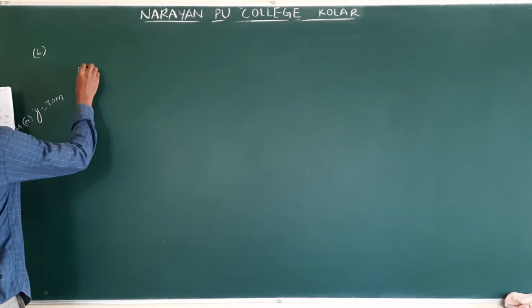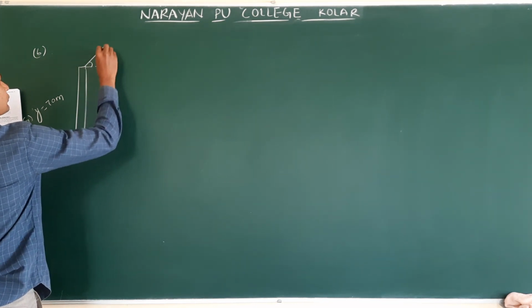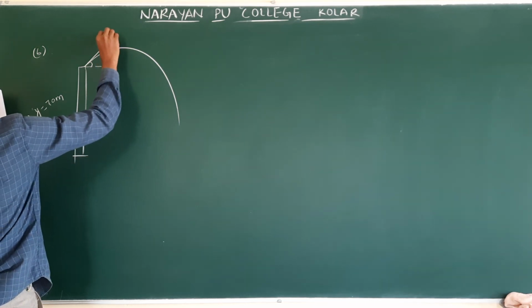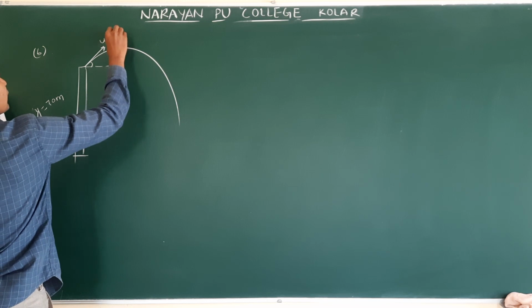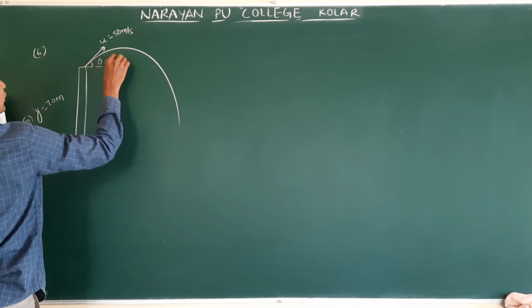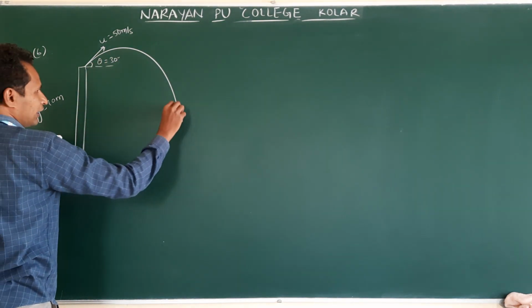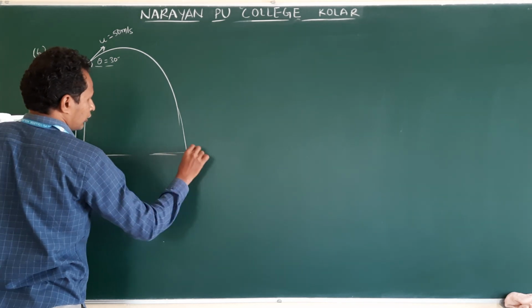With what angle? With 30 degree angle. It follows like this. With what velocity? U is equal to 50 meters per second. Theta is equal to 30 degree. Okay. Finally, it reaches the ground.